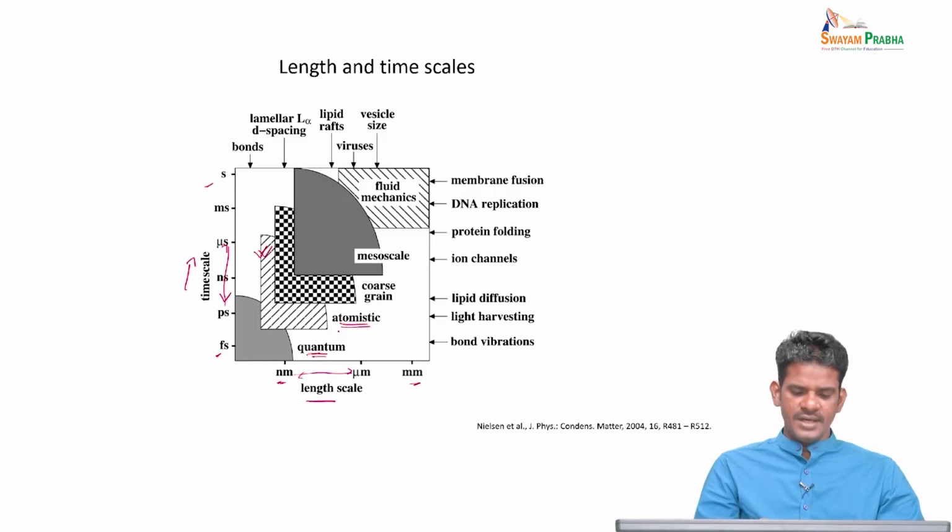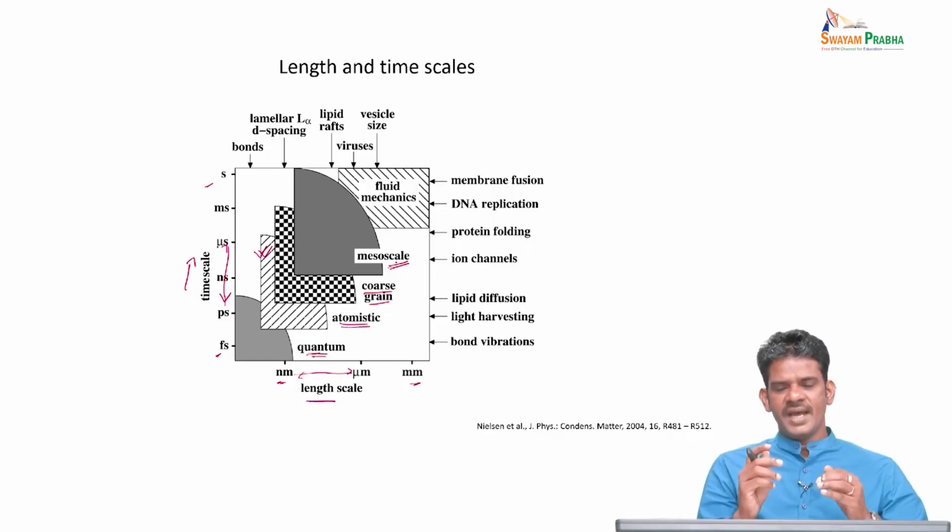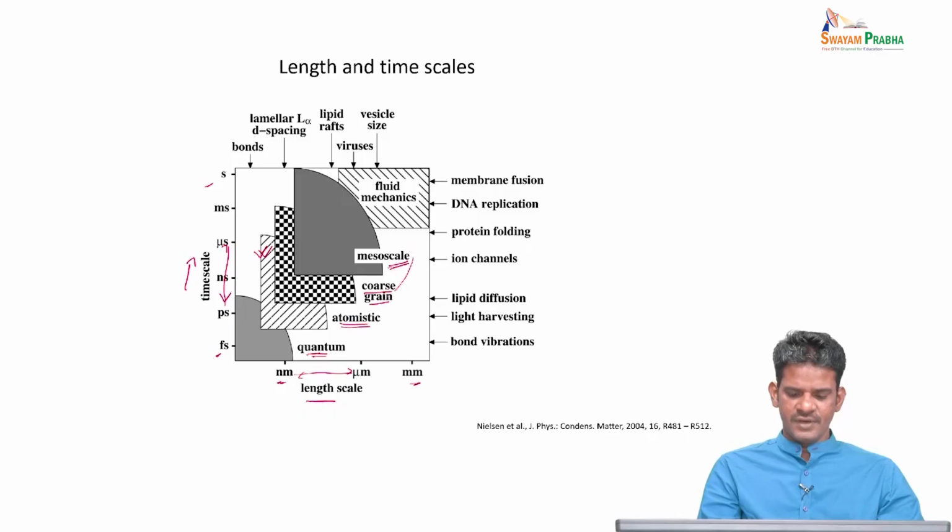And then if you go to a little larger time scale and length scale, you get into what is called the coarse-grained and mesoscale limit, where the system is not as small as atoms and molecules. It has become a little larger. Some of the processes are happening at a larger time scale and a larger length scale, and then we have this mesoscale regime.